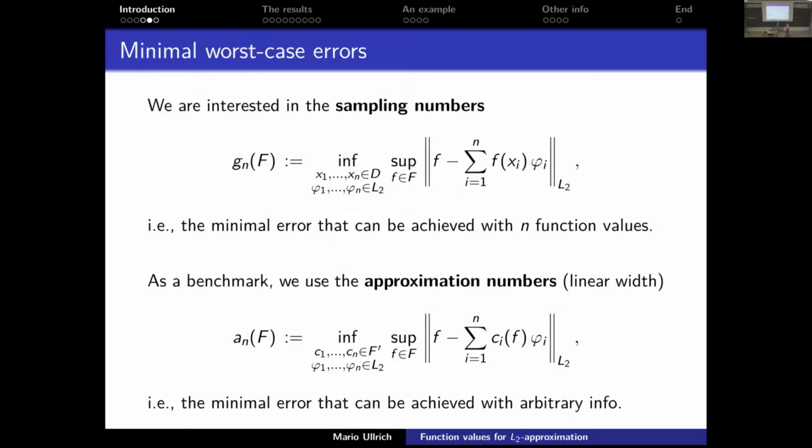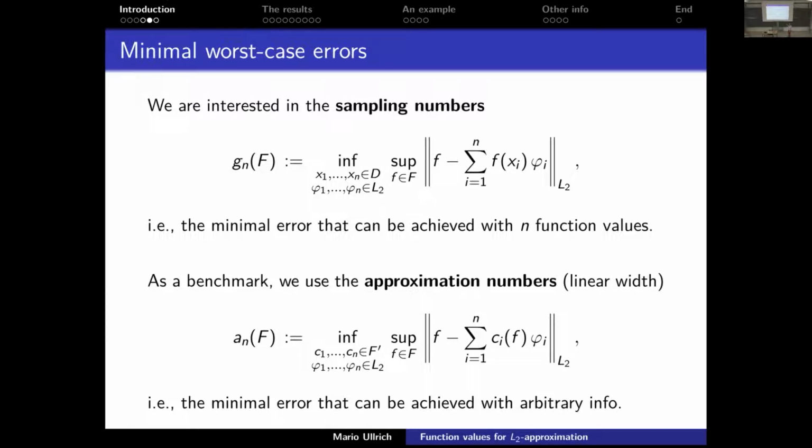Okay, and what we want to study, as I told you, I don't have arbitrary information, I have some special information. And the special information here is maybe function values. So let us define the sampling numbers, g_n of F, which is just, as you see here, the worst case error of an algorithm that only uses function values. But now we take the best points and the best functions, okay?